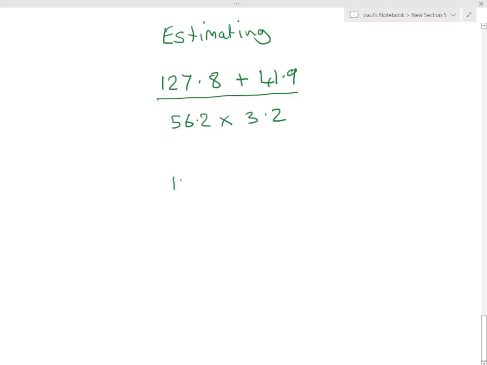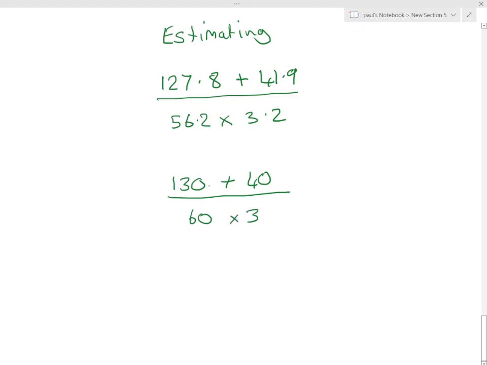We'll call that 130. And then we'll add, what can we add on there? Make it easy. Don't go up to 42. Just go to 40. Yeah, that easy. And what's on the bottom? 56. So we could round that all the way up to 60, and then we can call that 3.